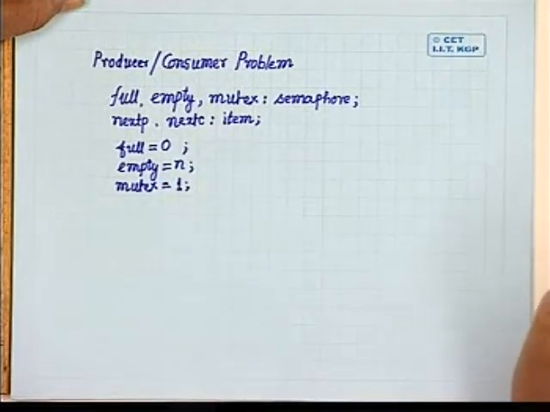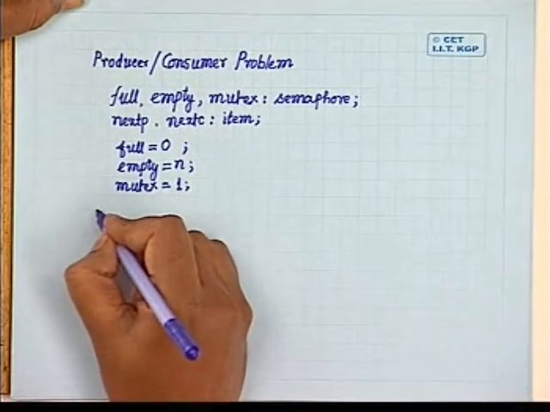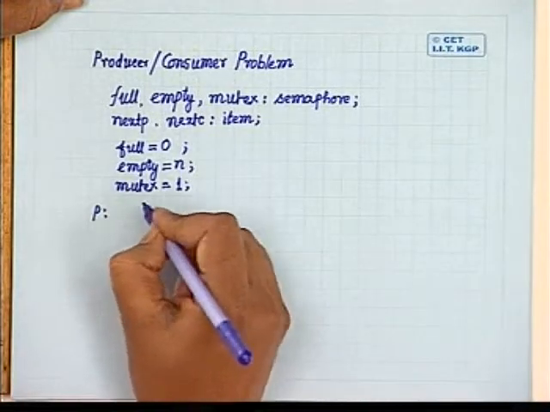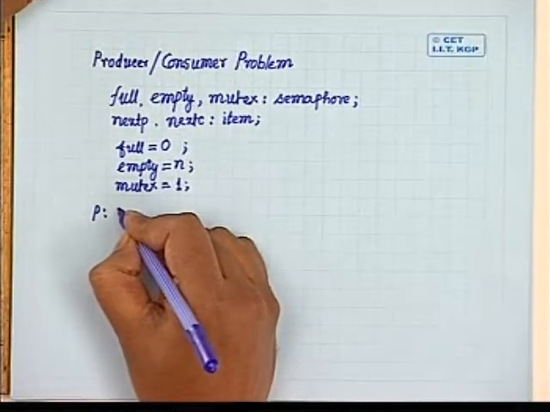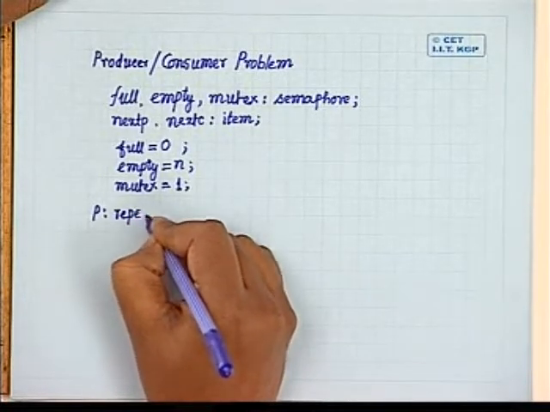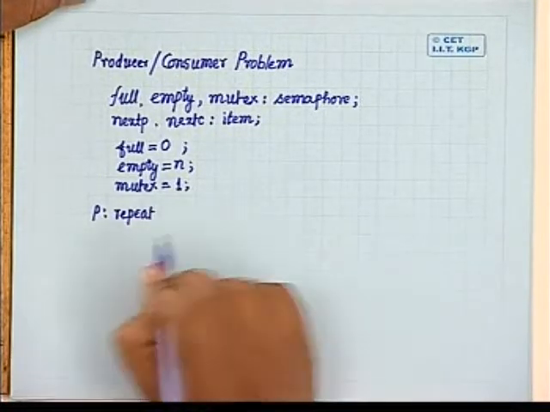So this is the initialization of all these semaphore variables. Then the producer process can be written like this, under repeat until false.